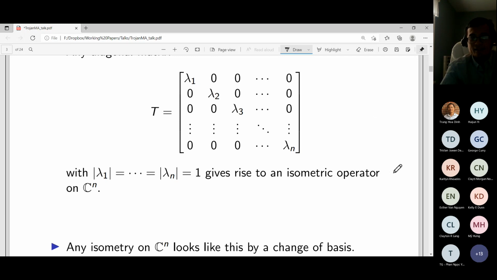In particular, if all of the entries here are just one, then we have the identity matrix, which is the trivial isometry.